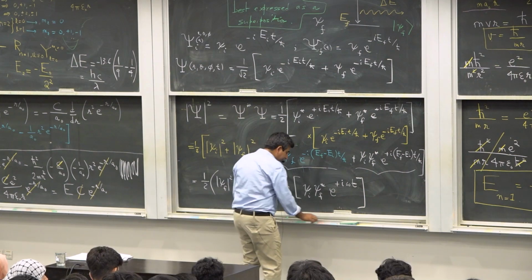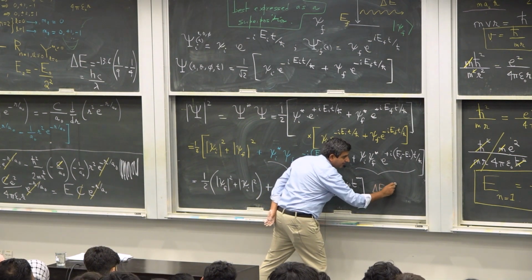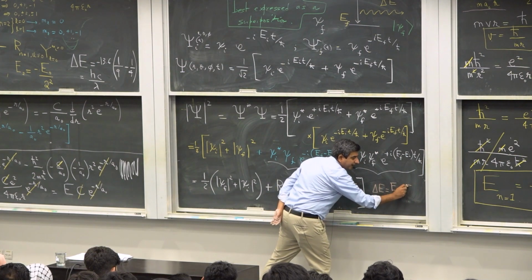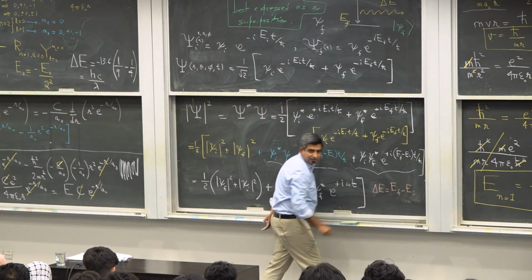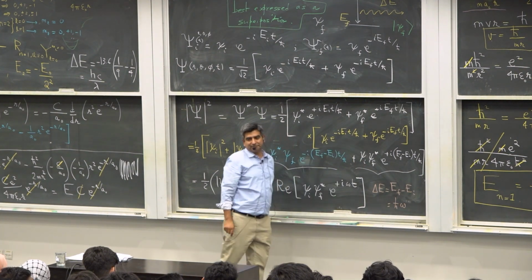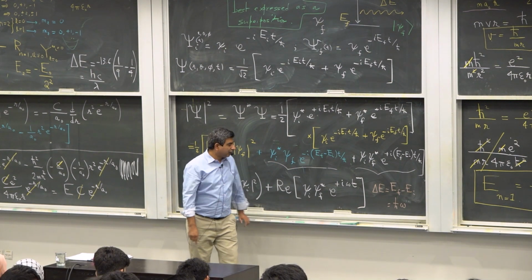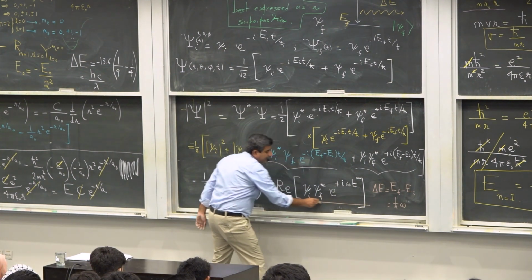So I'm defining delta E is EF minus EI. This equals h bar omega, some frequency. Omega is a frequency. Now this is my time dependent term over here.